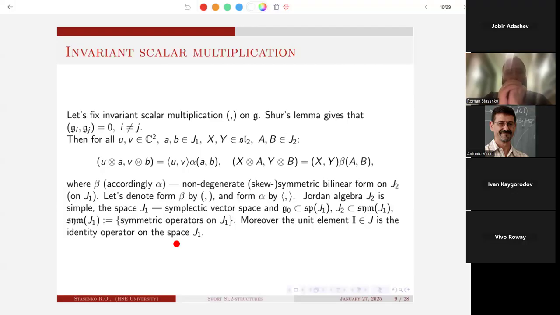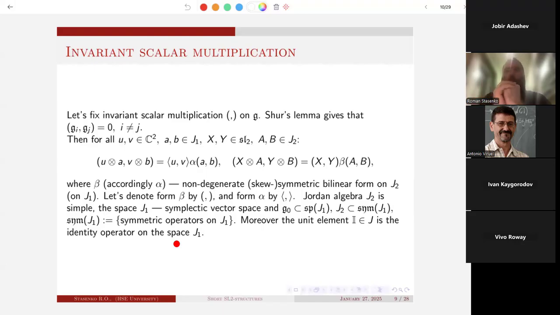So now we can use the invariant scalar multiplication on the algebra G. As you can see, on the algebra G there is, up to a non-zero multiplier, a unique scalar product.